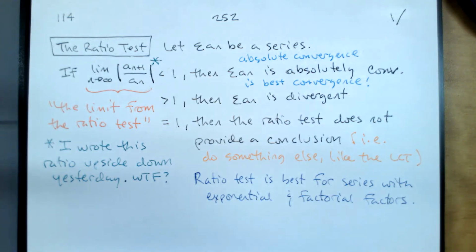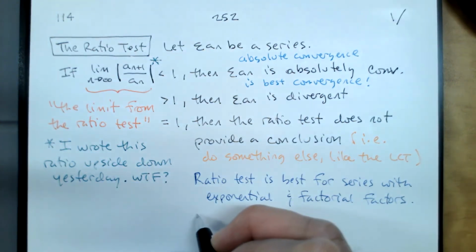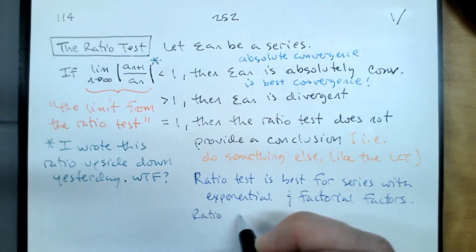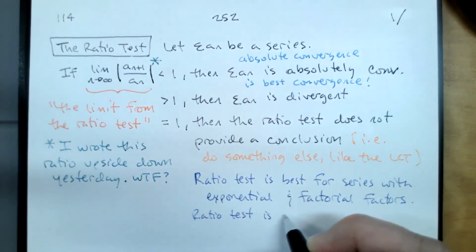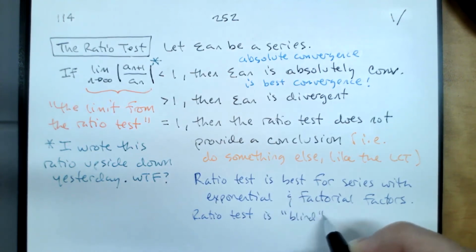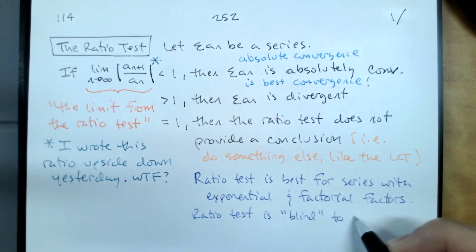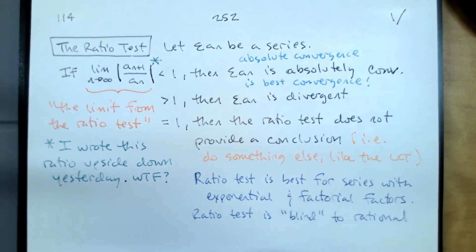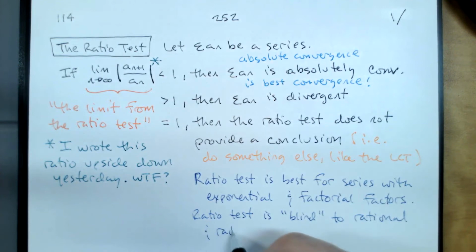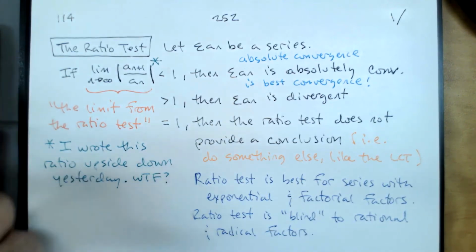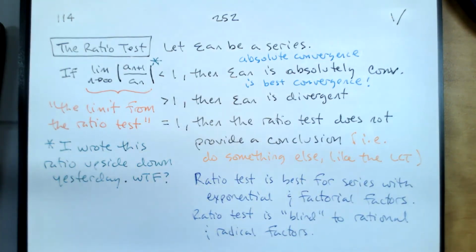The ratio test is blind to polynomial and radical factors. That means if we just have a rational or a radical function and we run it through the ratio test, we're going to get 1, which means go do something else.